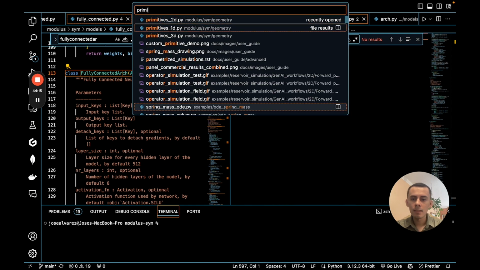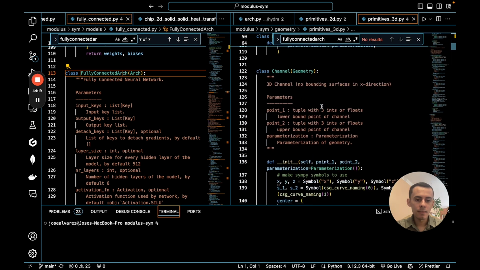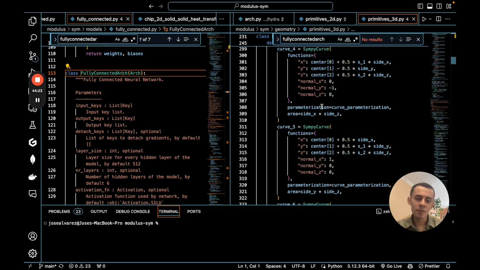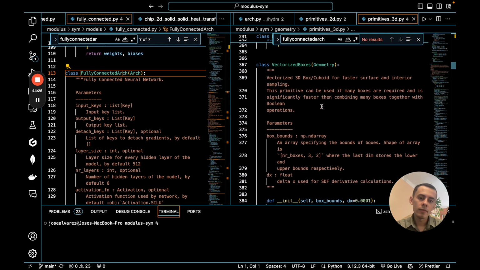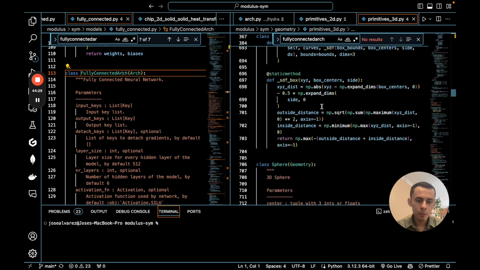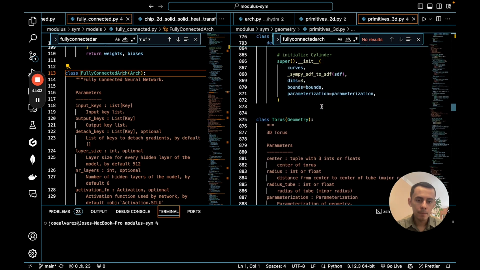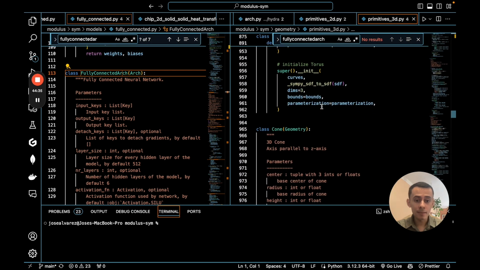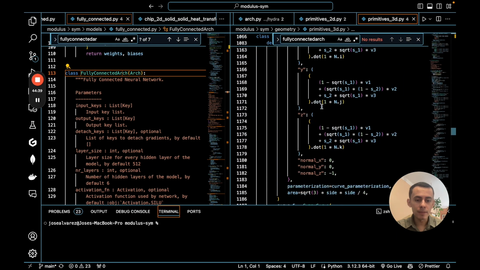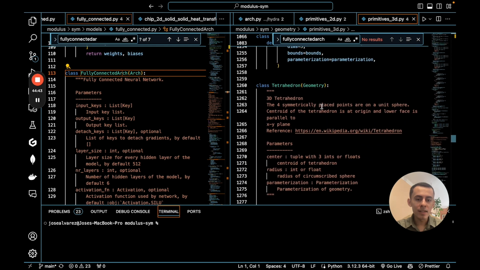Primitives: plane, channel 3 dimensions, box, of course, vectorized boxes. What else is here? Sphere, torus, that one is good. Cone, triangular prism, tetrahedron.